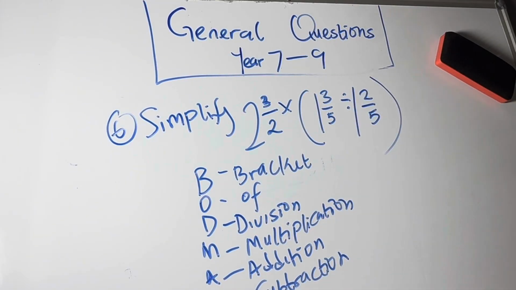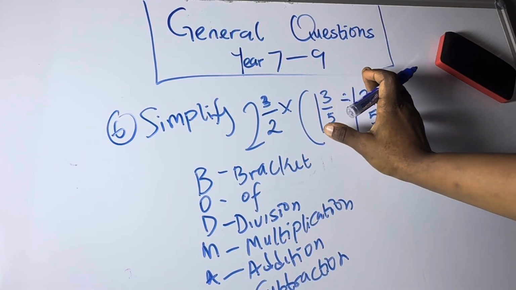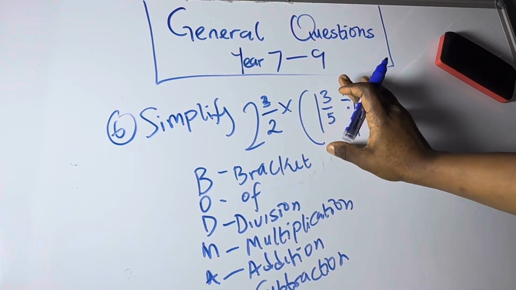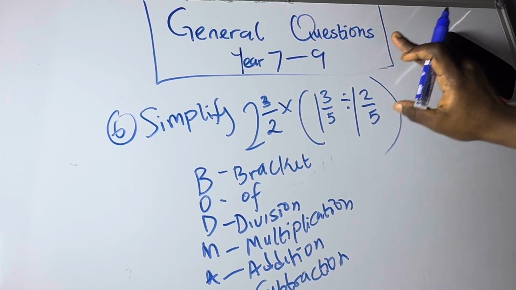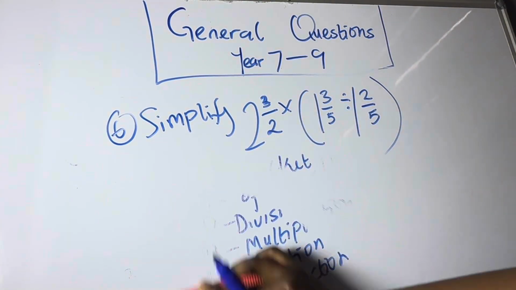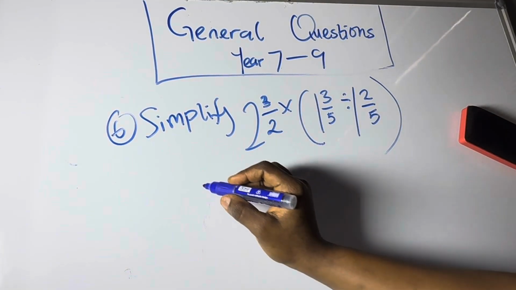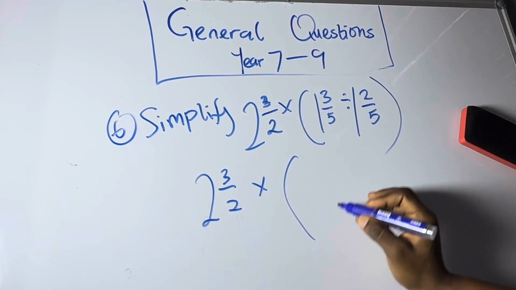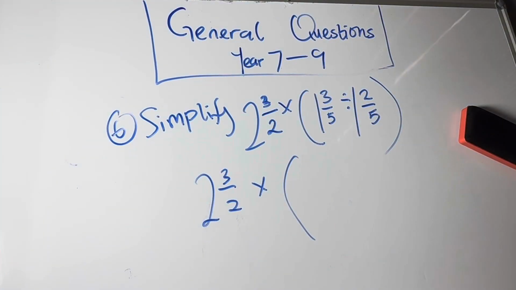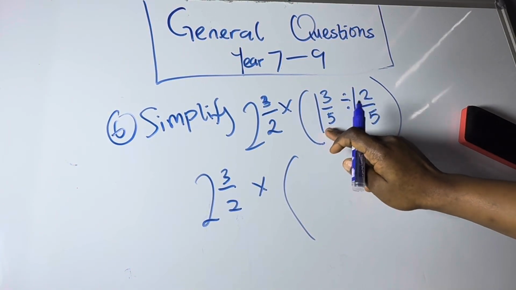Now, using this formula, the first thing to do is to solve the question in the brackets. We are starting from the brackets. So here we have two whole number 3 over 2 multiplied by, now I'm going to be converting this mixed fraction to improper by multiplying the whole number by the denominator.